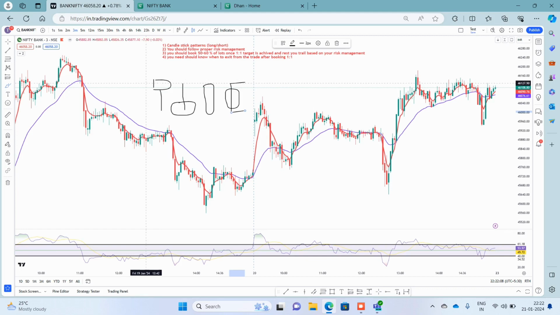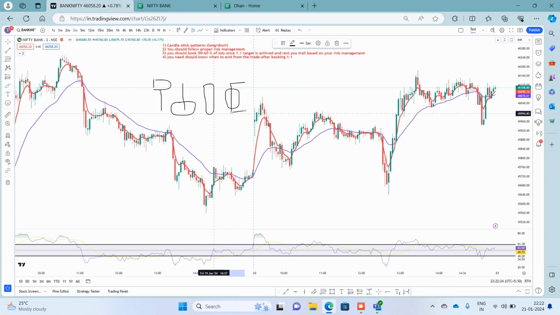These are the only three candlestick patterns that we need to follow to enter and exit our trades, to enter a long trade or a short trade.